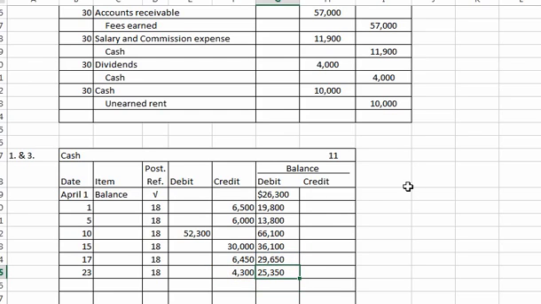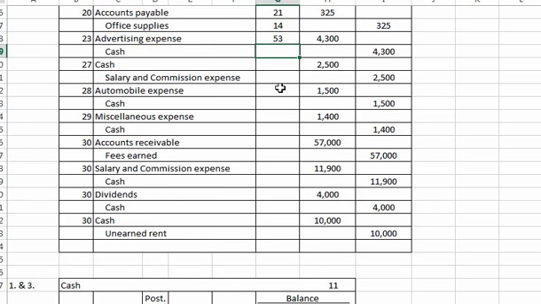Leaves us with a debit balance of $25,350. Cash is account number 11. We'll come back and in the posting reference column of the journal, we'll put in 11, the account number in the ledger that amount was posted to. And we'll pick back up with the 27th and finish up posting in the next video. Thanks.